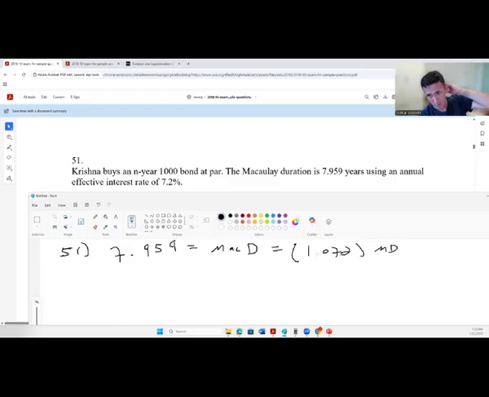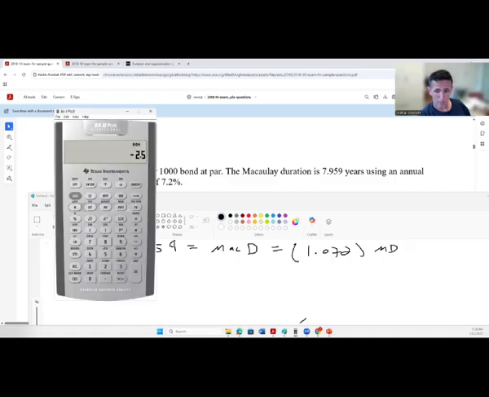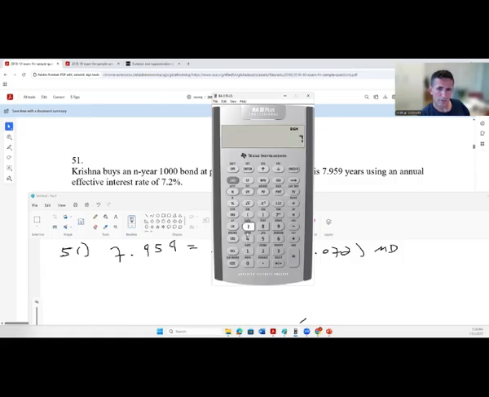Modified duration times that is Macaulay duration, so just simply divide and store it. 7.959 over 1.072.